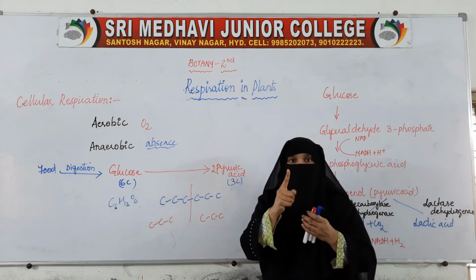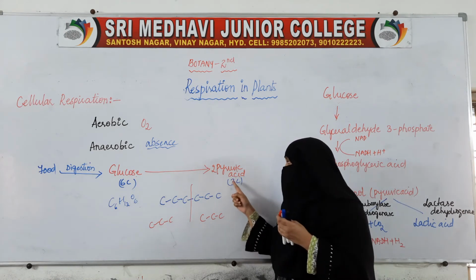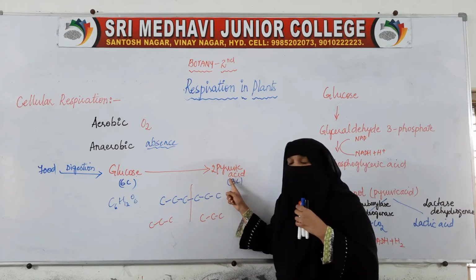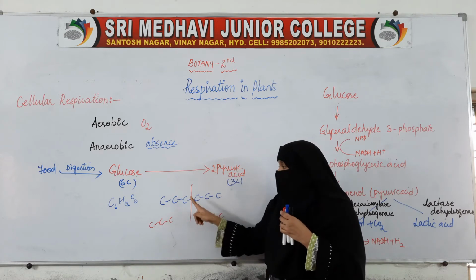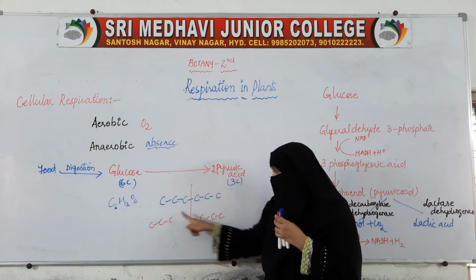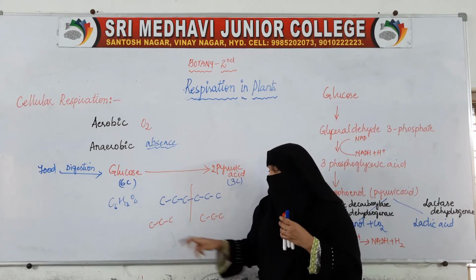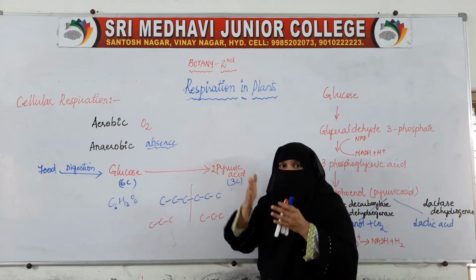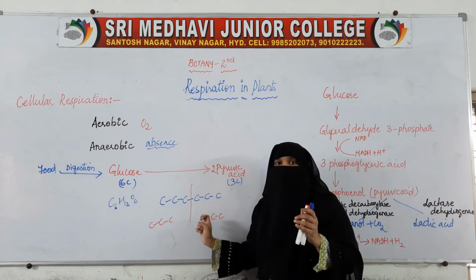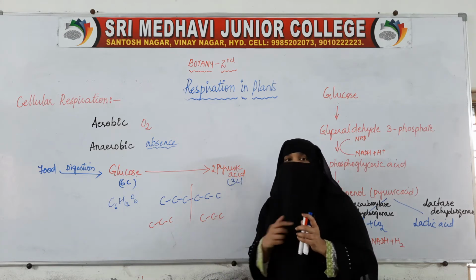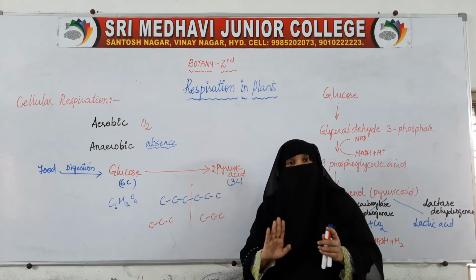When one glucose breaks, we get 2 molecules of pyruvic acid, and each pyruvic acid will have 3 carbons. So 6 carbons break down into 2 molecules of pyruvic acid. Each pyruvic acid consists of 3 carbons. Now, in this breaking, no oxygen is required.